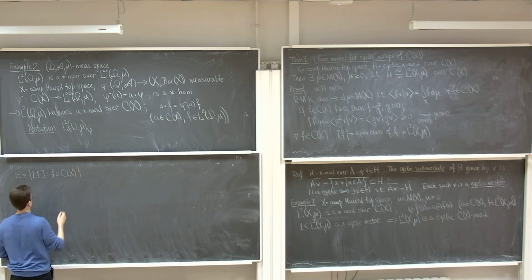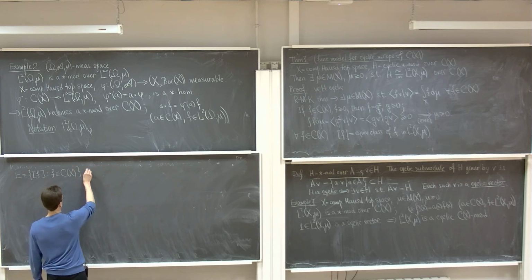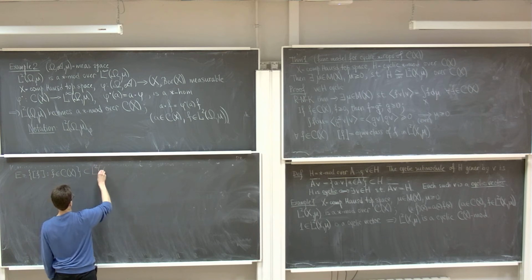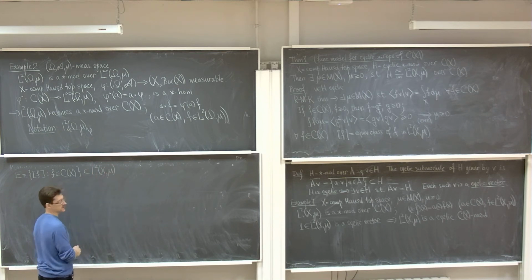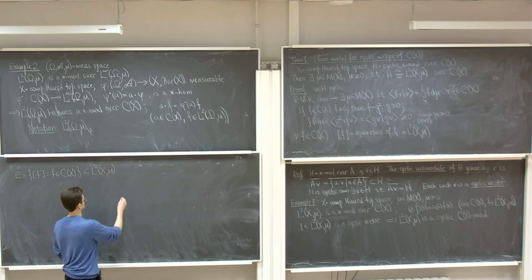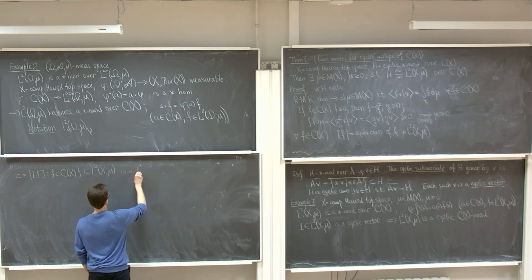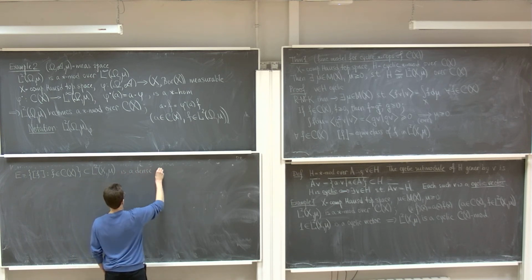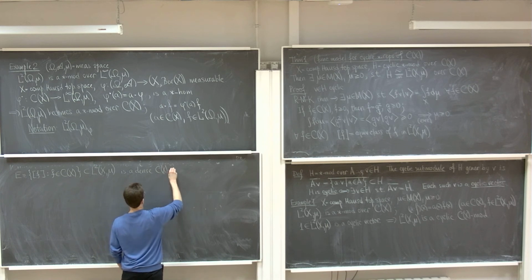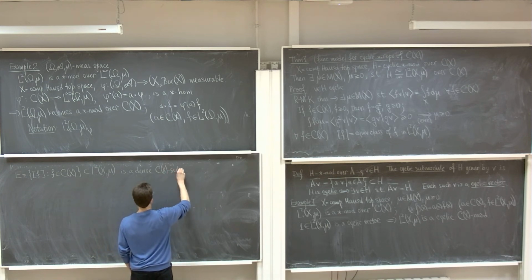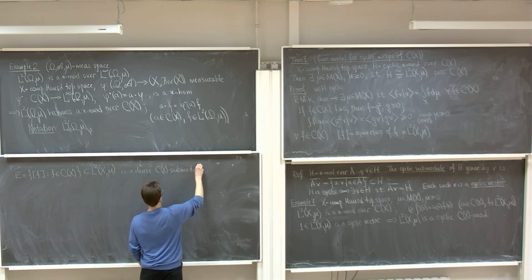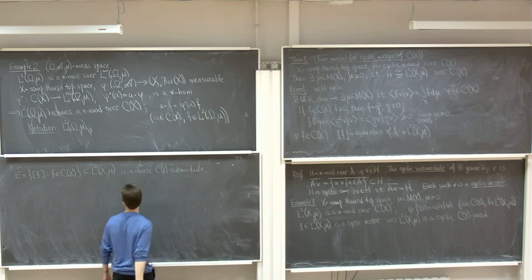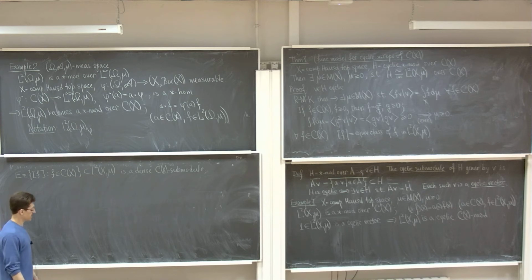So this is a vector subspace in L2(X, μ). And moreover, this is a dense C(X)-submodule of L2(X, μ) for any positive Radon measure.